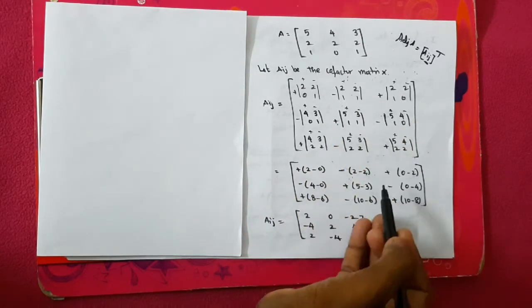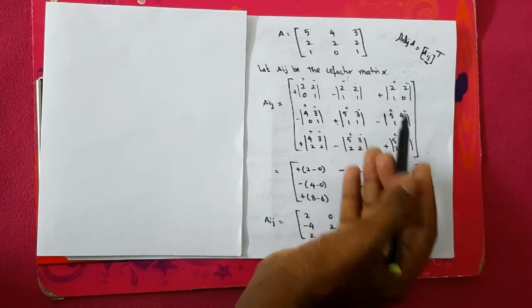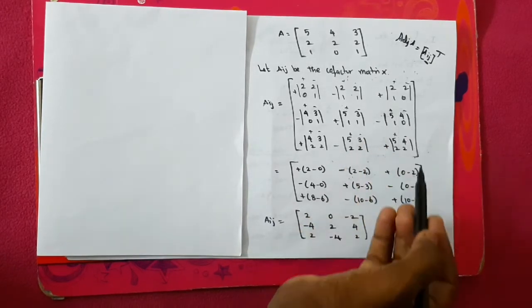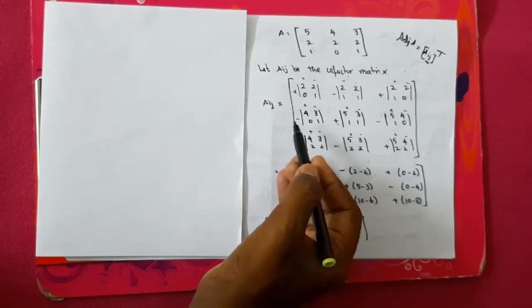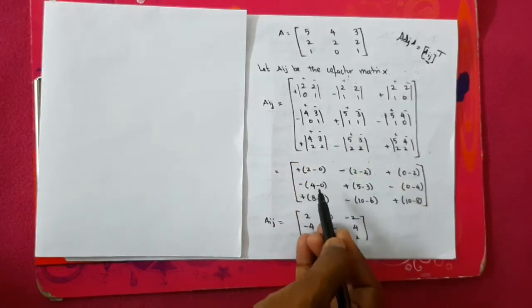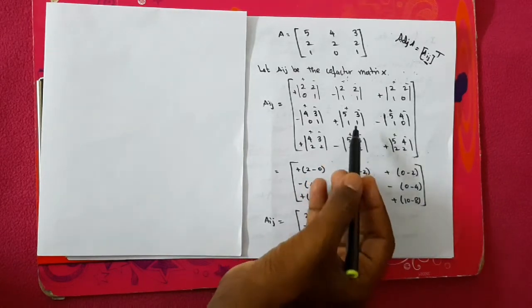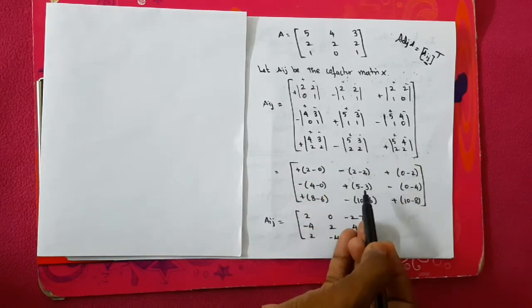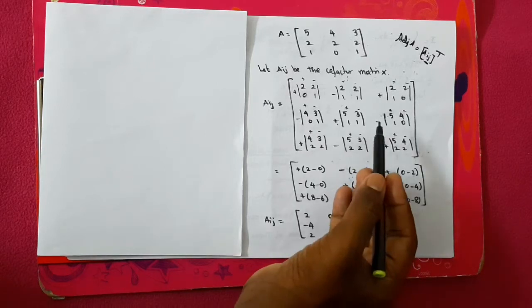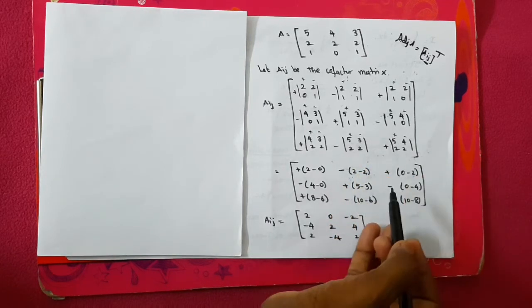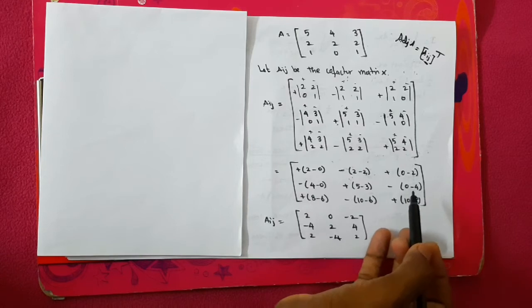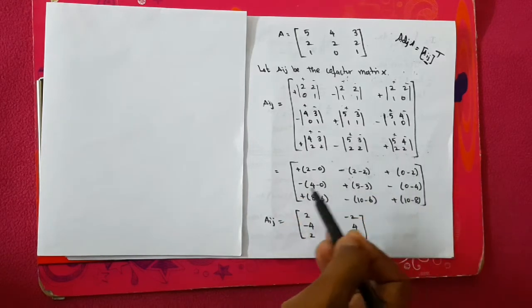Next, plus of 2 into 0, 0, minus 2 into 1, minus 2. Next, minus of 4 into 1, 4, minus 3 into 0, minus 0, plus 5 into 1, 5, minus 3 into 1, minus 3. And here, minus of 5 into 0, 0, minus 4 into 1, minus 4. Like that, expanding this also, we get this one.